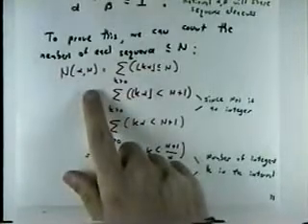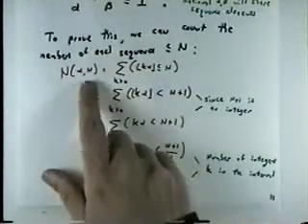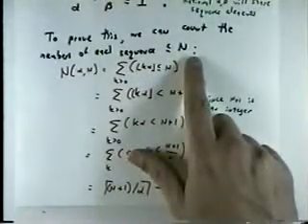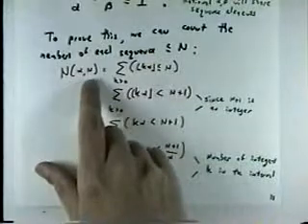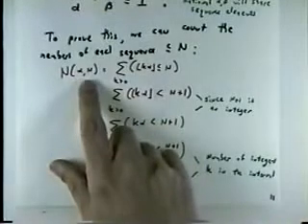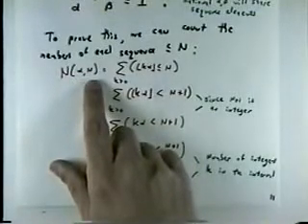What we're going to do is count the number of elements of each BD sequence less than or equal to a given n. So what was that going to be? N sub alpha of n is the number of elements in the BD sequence defined by alpha which are less than or equal to n.